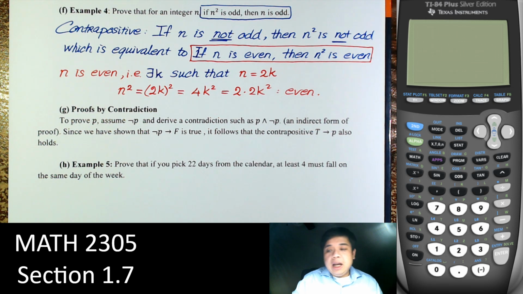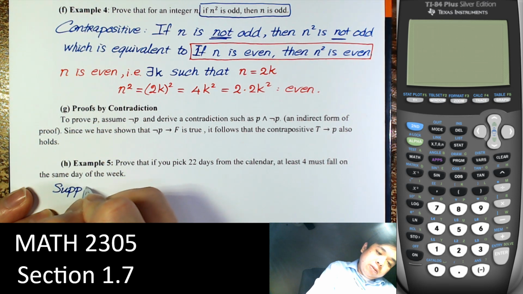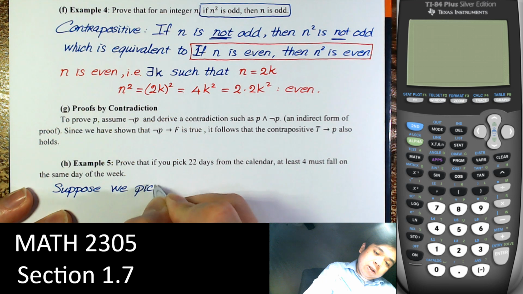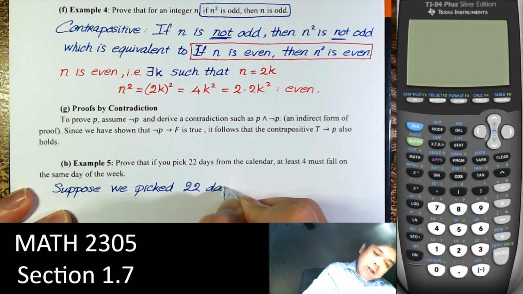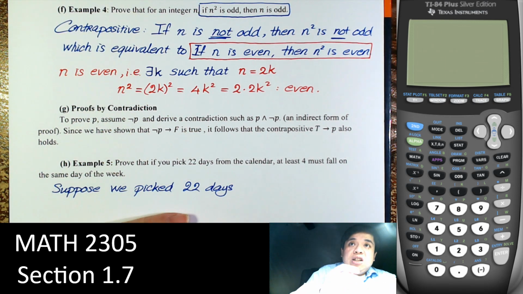So the proof by contradiction is, suppose that is not possible. Suppose we pick 22 days, and it is at least 4.